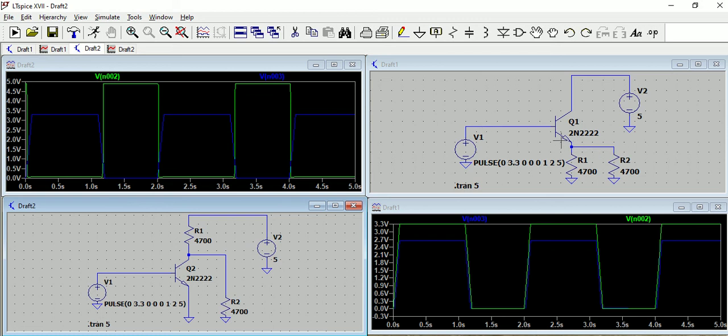That means the input and output are replicas. But in the other scenario, the input is just to drive the transistor on and off, and the actual output is either 0 or depending on the supply voltage.